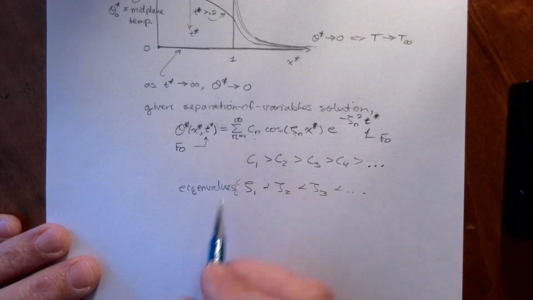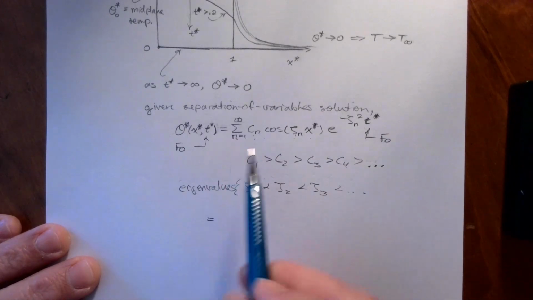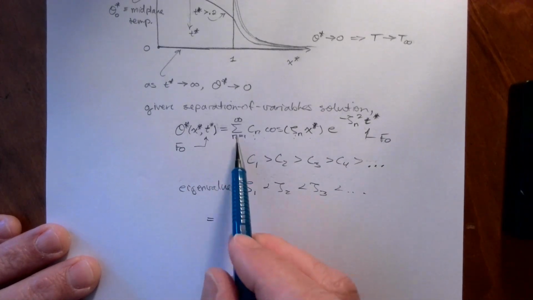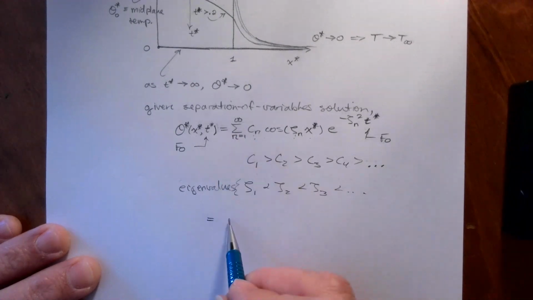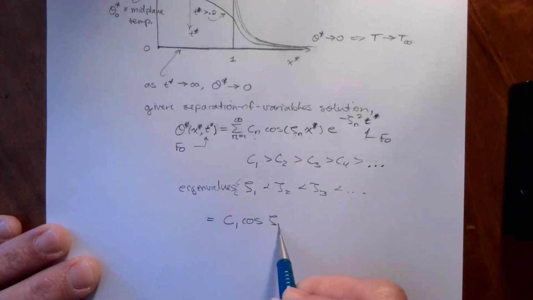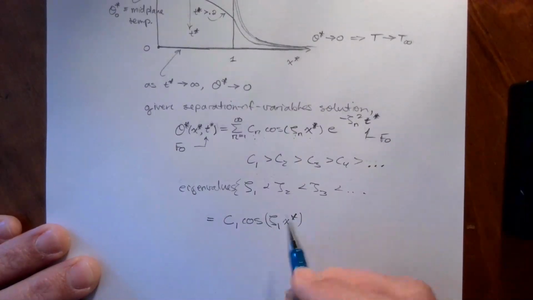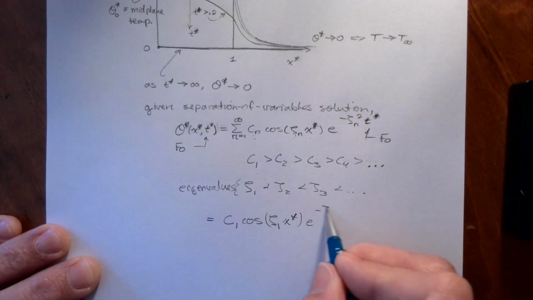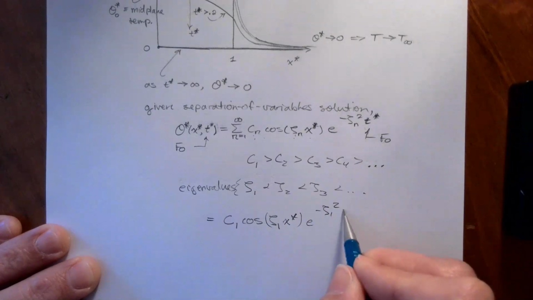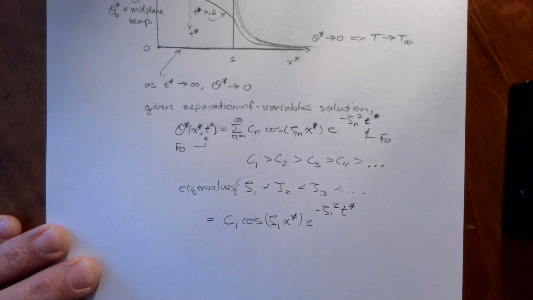So what this means up above is that if I were to write out every term, instead of showing it as a summation there, the answer is C1 cosine zeta 1 times x star e to the minus zeta 1 squared times t star. That's the first term.